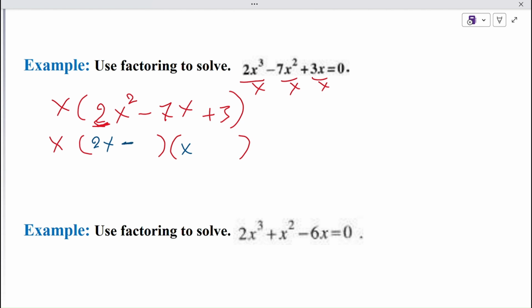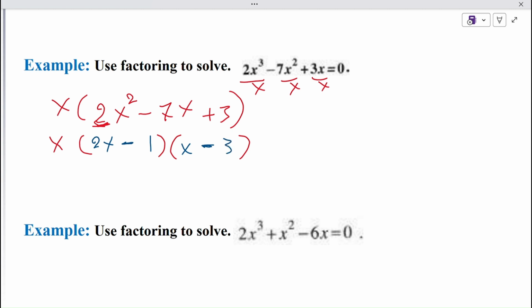Just here we have to find the numbers whose product is equal to 3 and whose sum is equal to 7. So we will write minus and minus here. 3 times 1 is equal to 3. So we will write down 1 times 3.